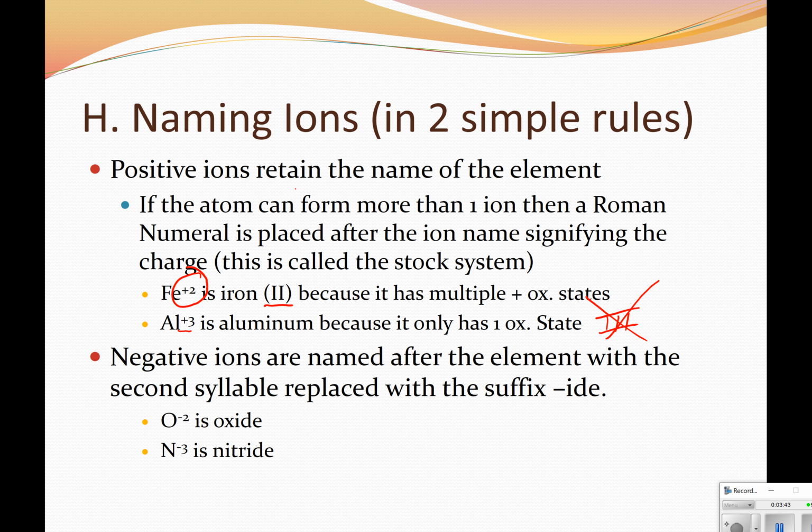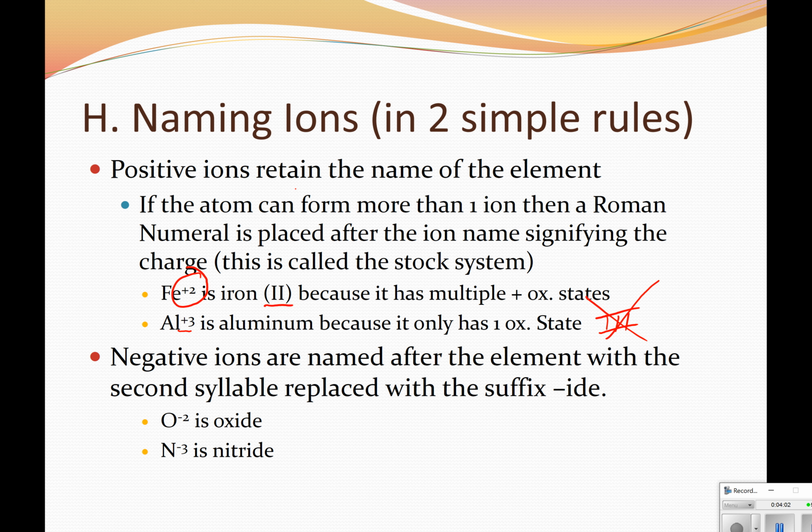Since it can only be in one oxidation state, we'll always assume that it is aluminum +3. And I would like to emphasize that if you were to write aluminum III with the Roman numeral at the end, I don't necessarily think it's wrong, but it is not really required or even common to write it that way.